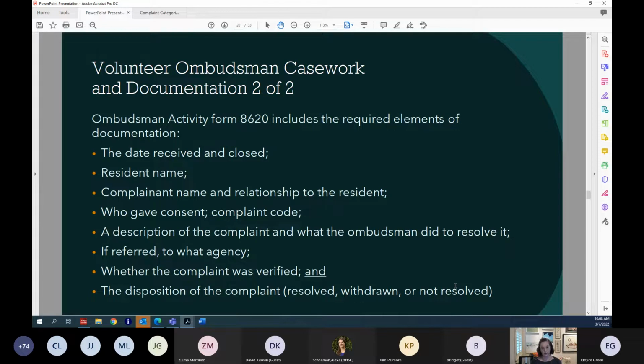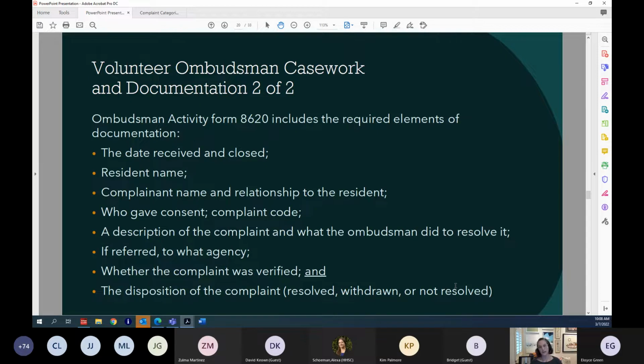So here are those bulleted elements: the date that is received and the date the case is closed. The resident's name needs to be there. If it's someone other than a resident, the complainant's name and their relationship to the resident. Who gave consent? What is the complaint code? A description of the complaint and what the ombudsman did to resolve it.